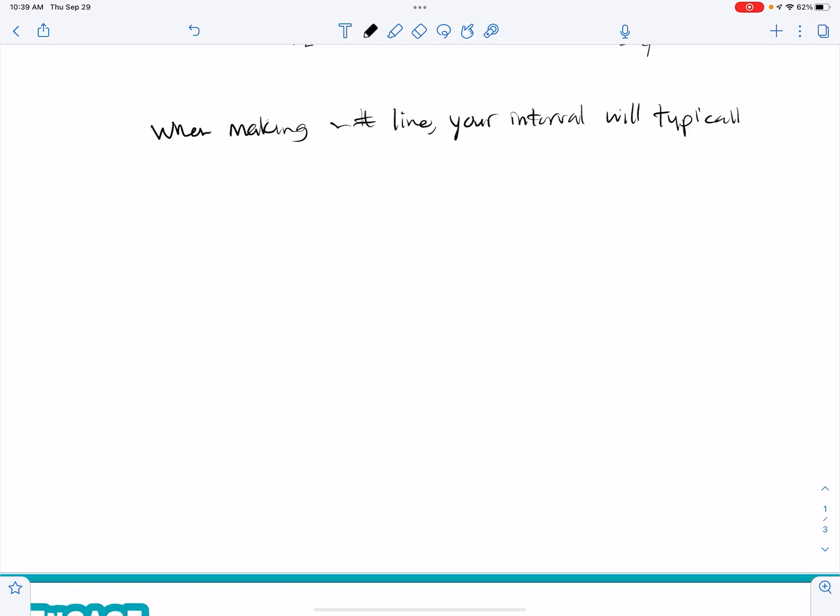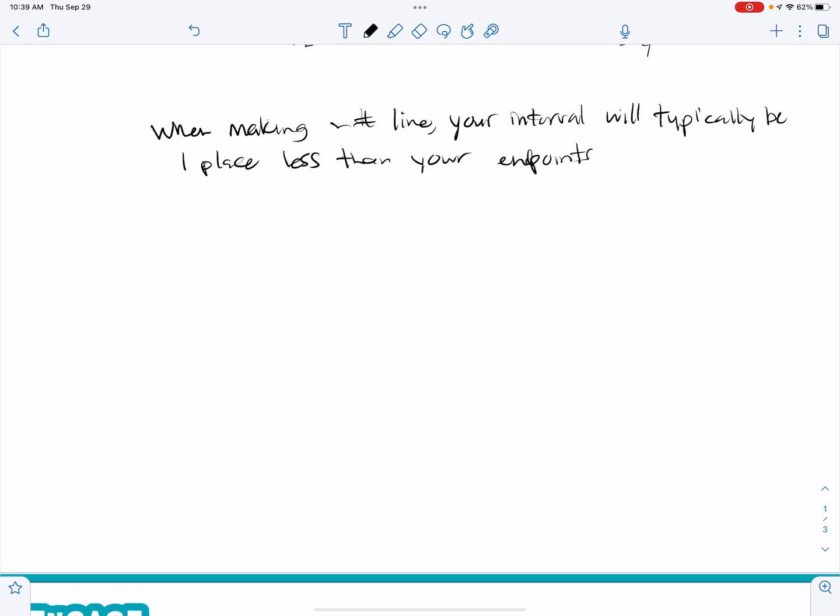So we know that when making a number line, your interval will typically be 1 place less than your benchmark, or than your endpoints.